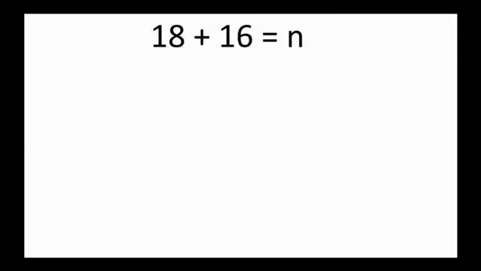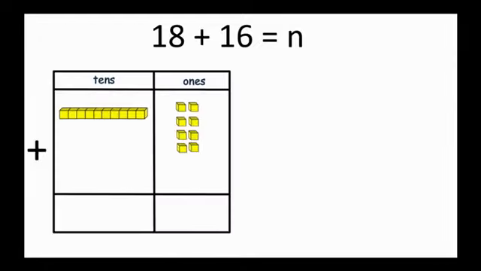Another example. We have 18 plus 16. Let's have 18 blocks plus 16 blocks. Now, let's add the ones first. 8 plus 6 equals 14. But we need to regroup.